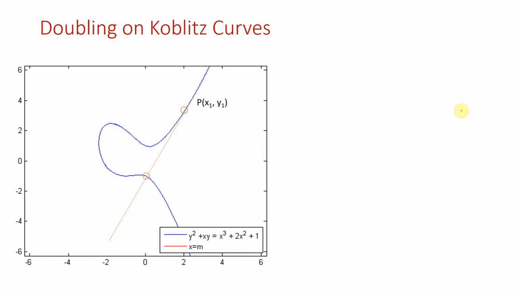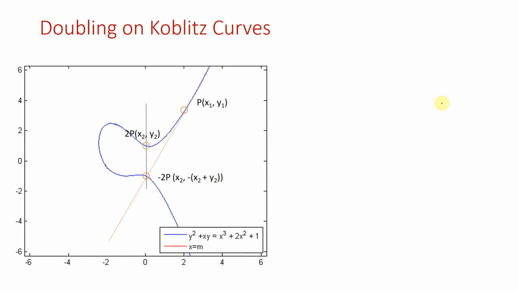For example, at this point P, I would find the tangent line, and this tangent line intersects the curve at a second point, and I will find its negative point, that would be 2p, and I will call its coordinates x2 and y2.